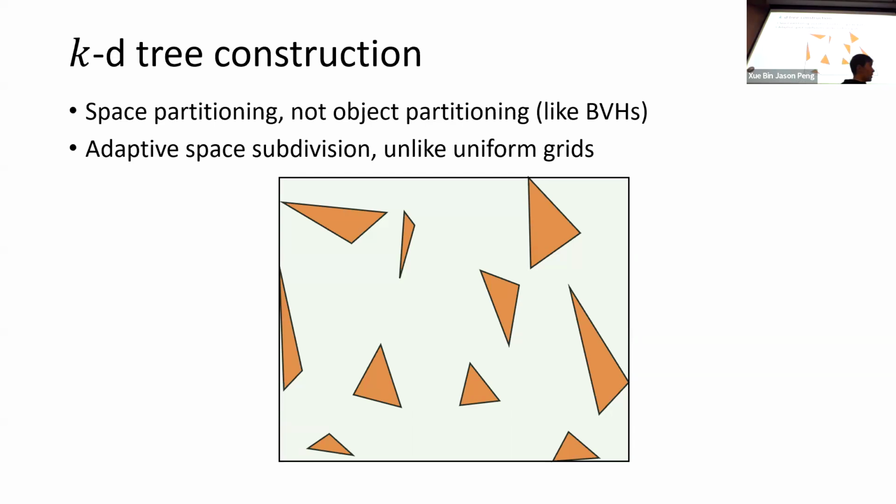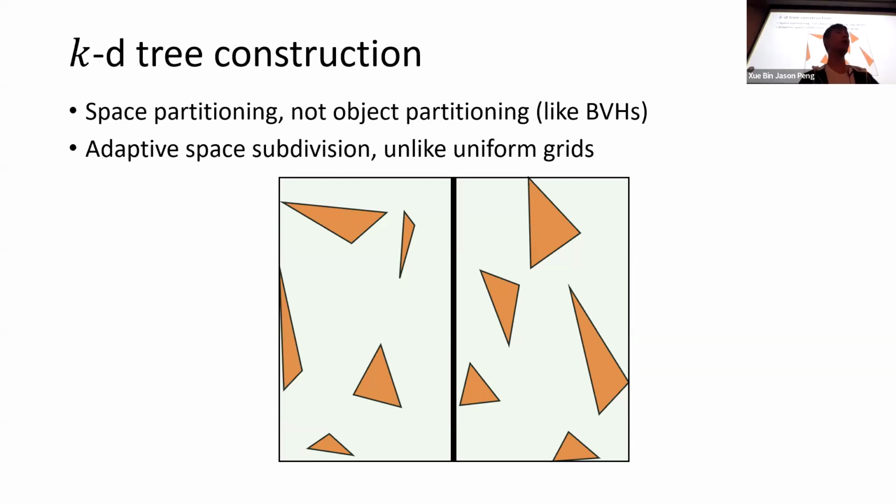So given this scene that contains some triangles, a KD tree is first going to partition the whole scene into two halves. So let's say we might draw a partition down the middle of the scene that's going to split the space of the scene into a left half and a right half.